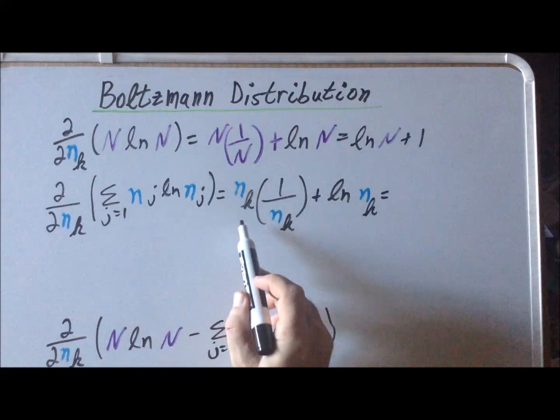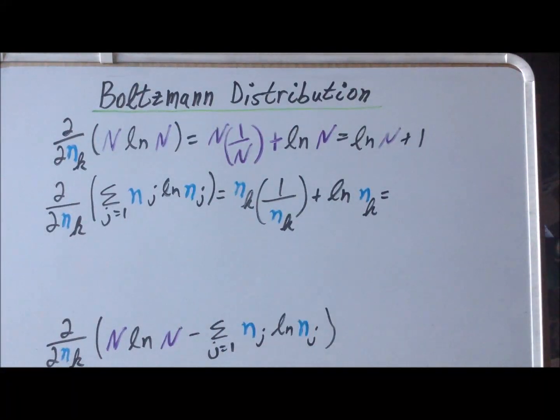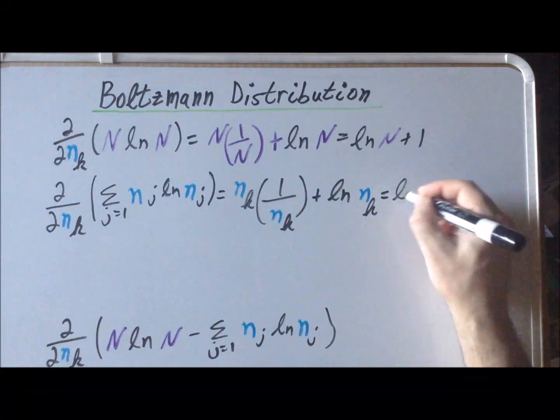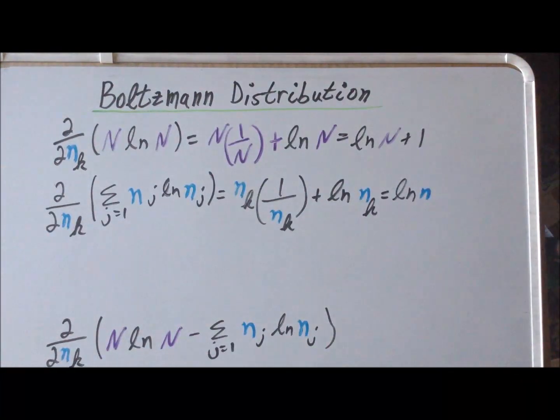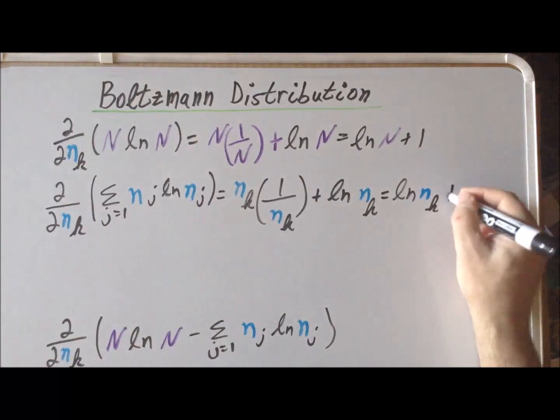And since n sub k times 1 over n sub k is simply equal to 1, that's going to give us natural log of n sub k plus 1.